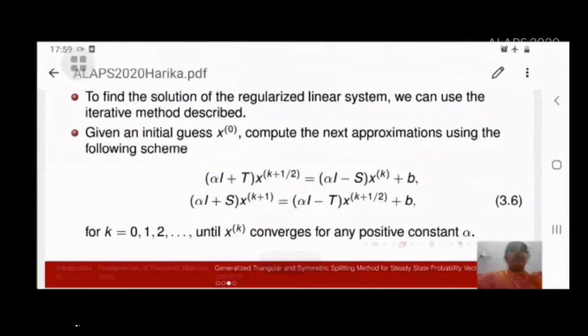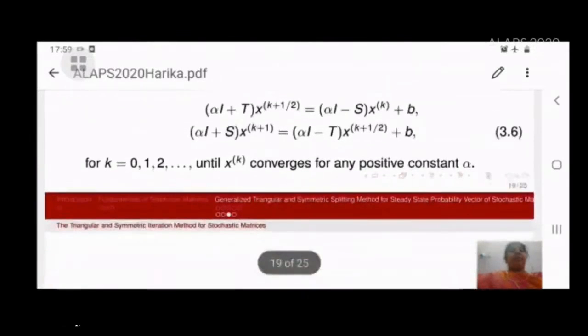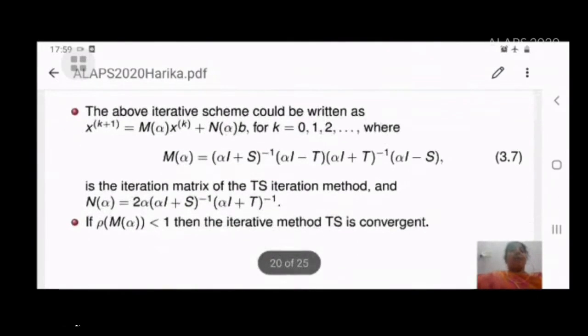We guess the initial value x0 and calculate the next approximations by the following scheme. We continue this process until x power k converges, for any positive constant alpha. The above iterative scheme can also be written in this format.